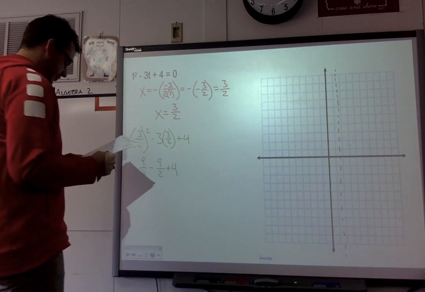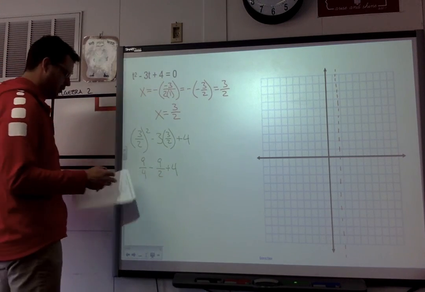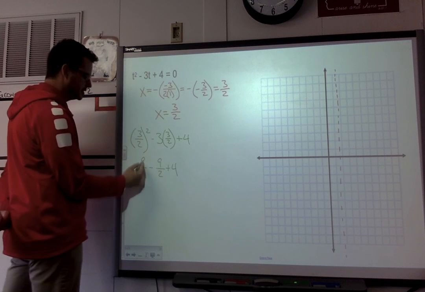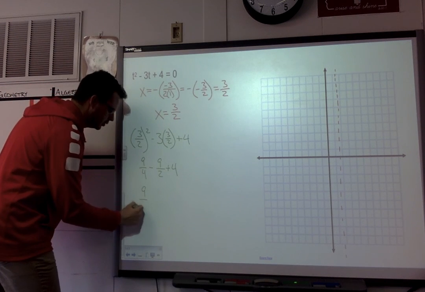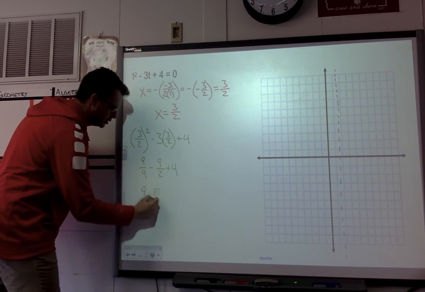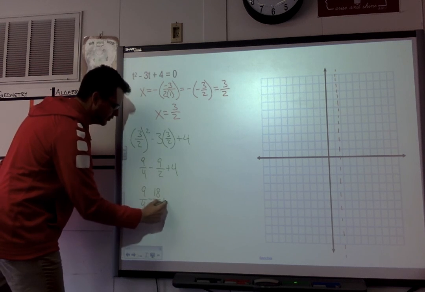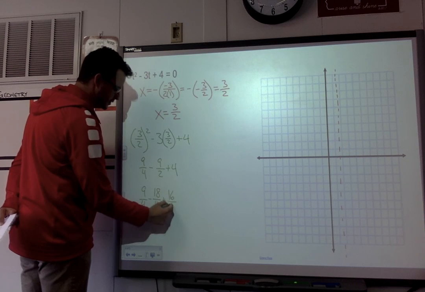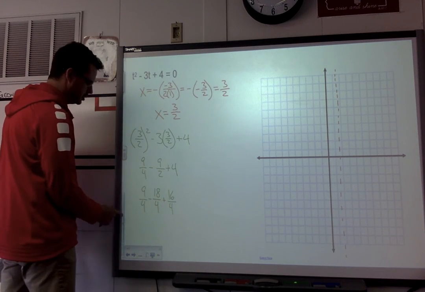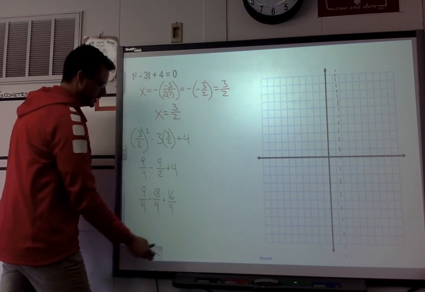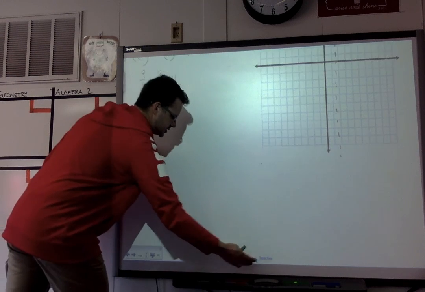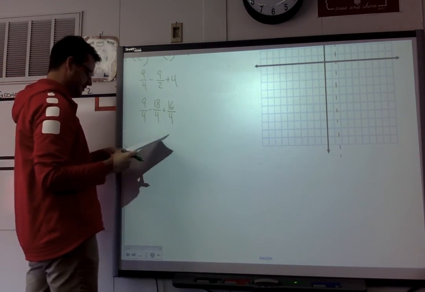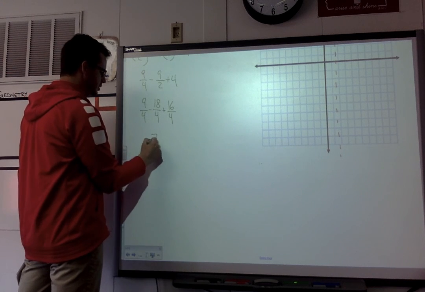If we do 9 over 4 minus 9 over 2, we need to give everything common denominators here. So a common denominator of 4, we'd have 9 over 4 minus 18 over 4 plus 16 over 4 would give us, let's see, 9 minus 18 is -9, plus 16 would give us 7.